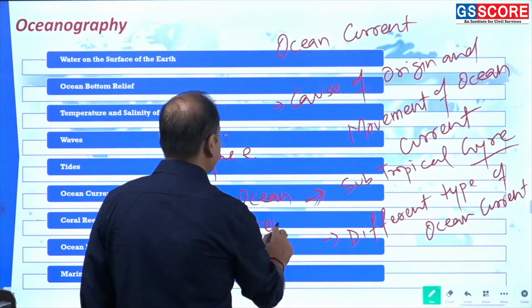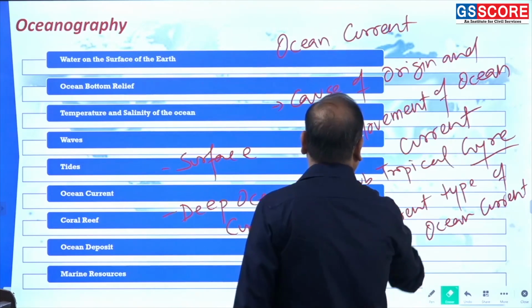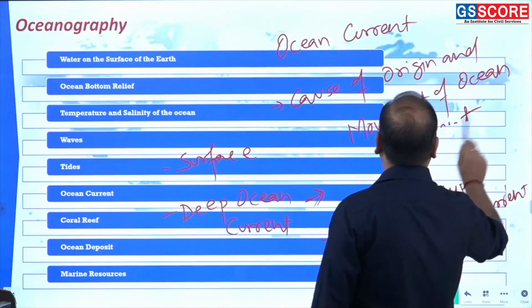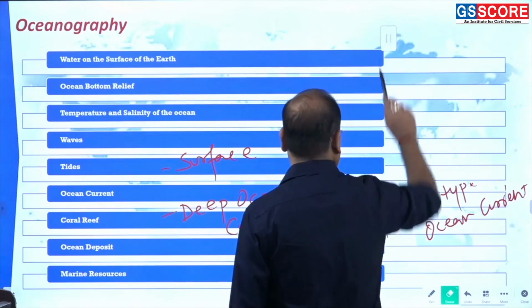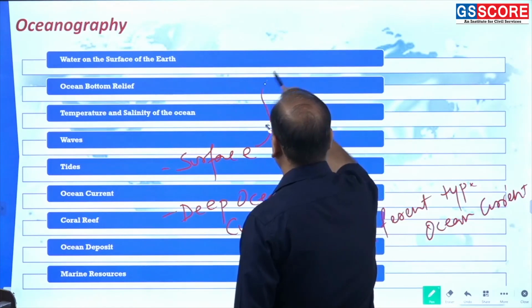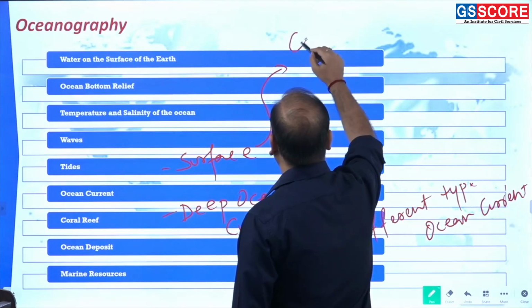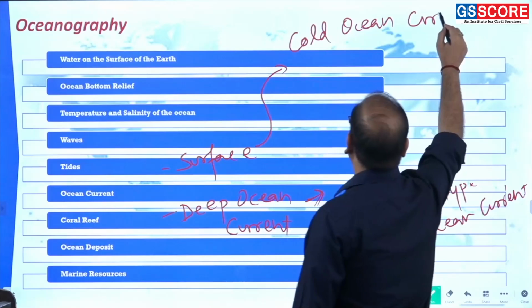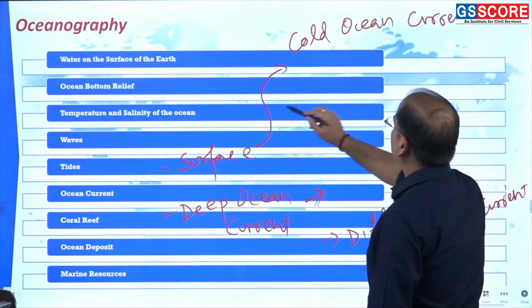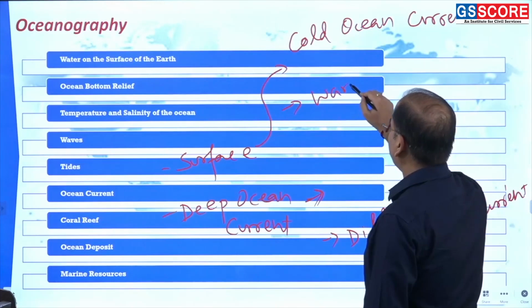Within the surface ocean currents, we have two different categories of surface ocean current. One is cold ocean current and the other one is warm ocean current.